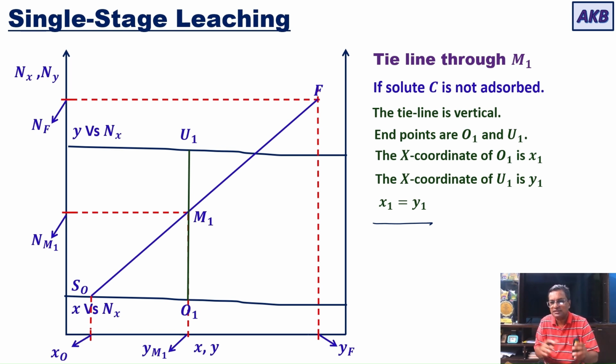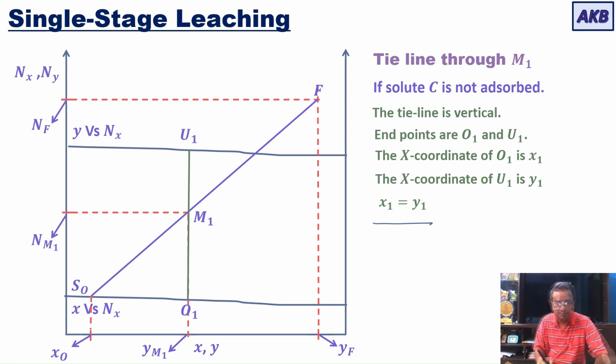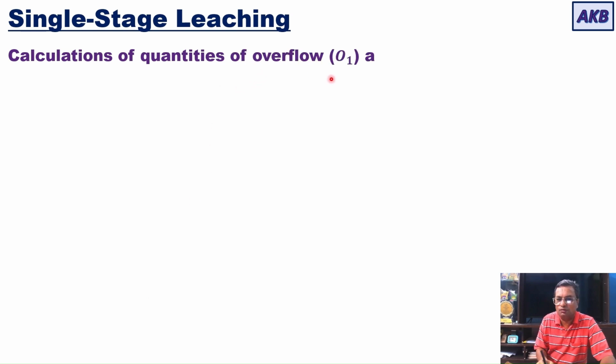At the end of these calculations, we know the values of x1 and y1, and we are going to use these values in our further calculations. Now let us understand how to calculate the quantities of overflow and underflow. Overflow is O1 and underflow is U1.